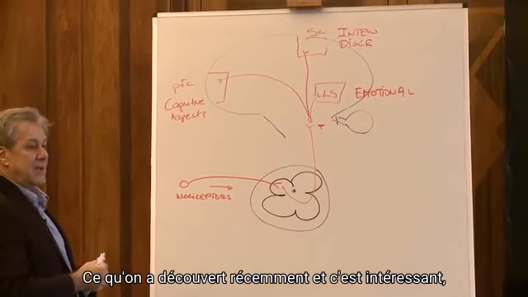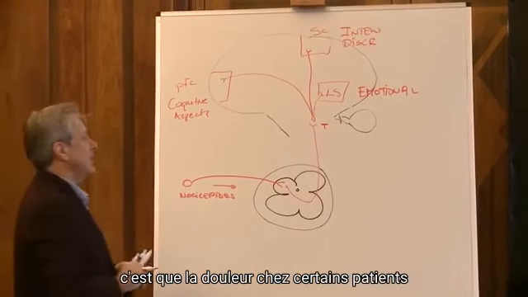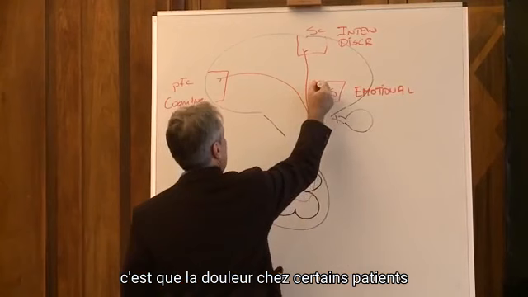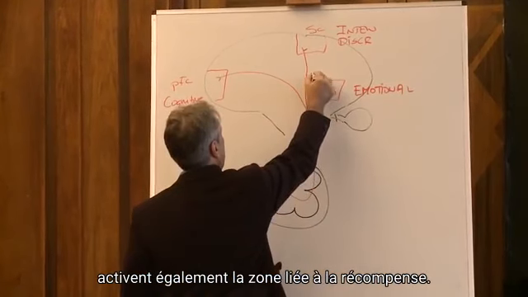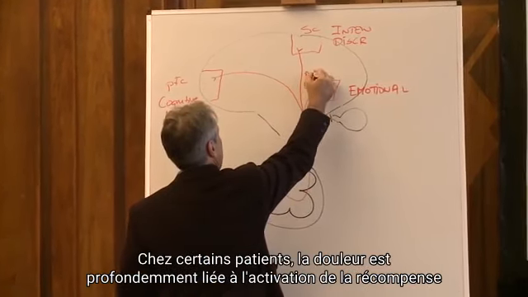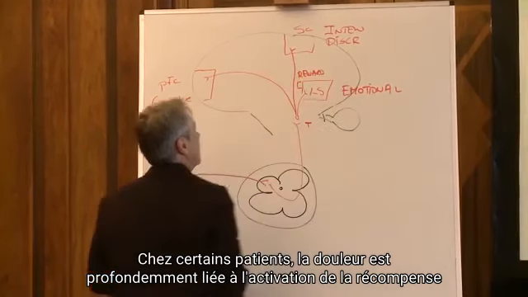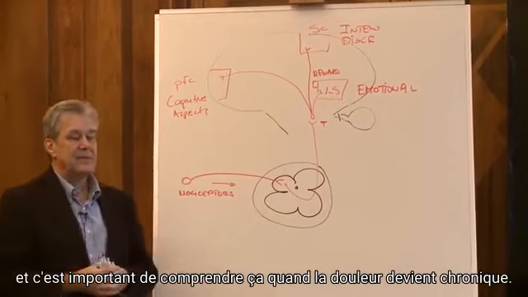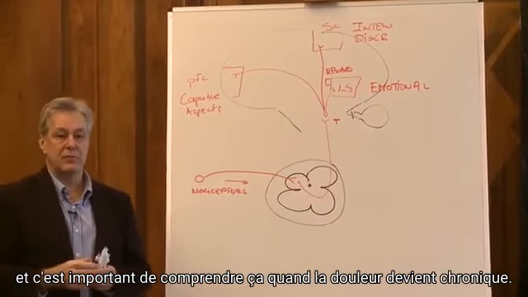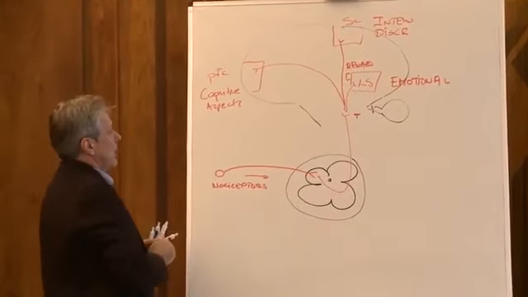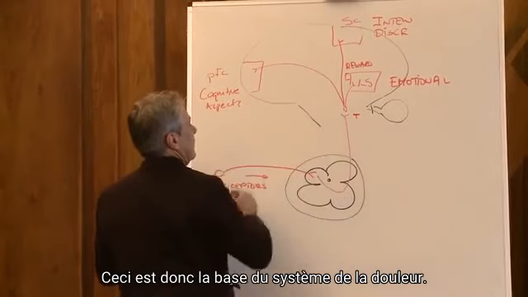So this is the basic setup that we have when we have pain. An interesting aspect that has evolved during the last years is that pain in some patients also activates the reward areas. So in some patients, pain is quite closely related to reward activation. And this has been shown to be important when pain becomes chronic. So this is the basic setup of the pain system.